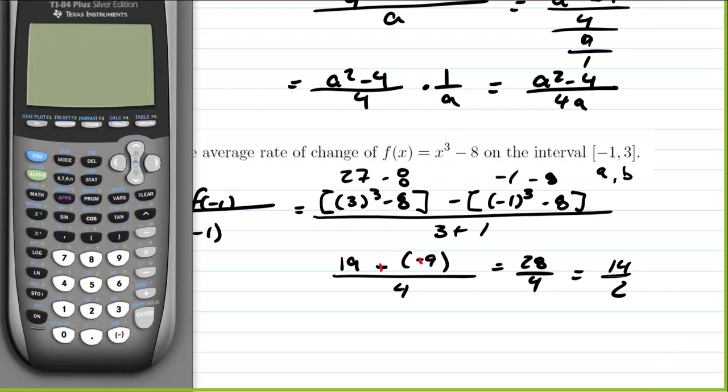You can also just do it directly on your calculator by putting in our x cubed take away 8, and then we would have our fraction y of 3 take away y of negative 1 all over 3 minus negative 1.